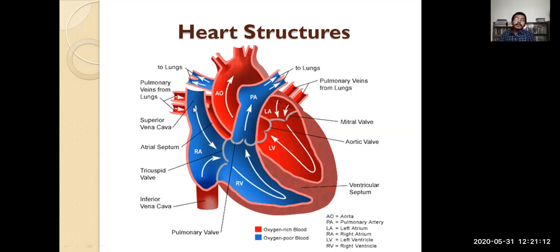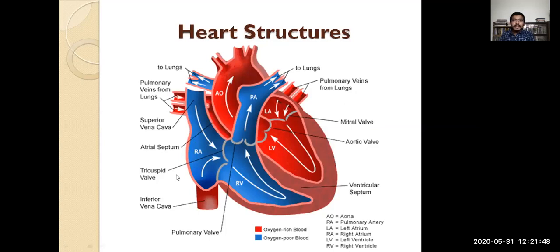On talking about the general mechanism, how the blood flows in the heart, there you can see the superior vena cava that brings the deoxygenated or impure blood from the upper extremities of our body, like forelimbs, facial region, brain, and similarly the inferior vena cava that brings the impure blood from the lower extremities or below the heart, like in the abdominal region, in the pelvis region, or from the lower extremities.